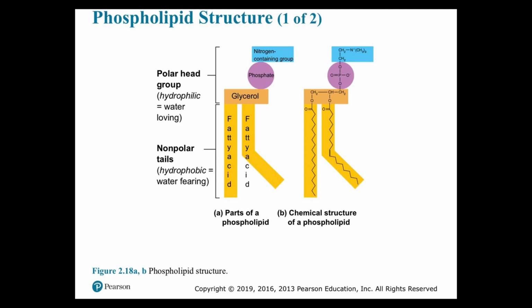Now let's look at this in a little bit more detail. The glycerol and the phosphate nitrogen-containing group is considered hydrophilic, water-loving, because, without getting into a lot of details, the phosphate group has 4 oxygens. There's a phosphorus, yes, but there's also 4 oxygens, and that makes it hydrophilic.